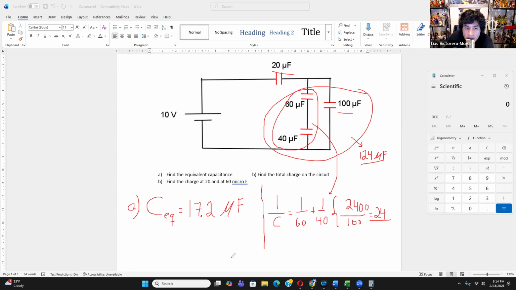So the equivalent capacitance, or 1 over C equivalent, is 1 over 124 plus 1 over 20.